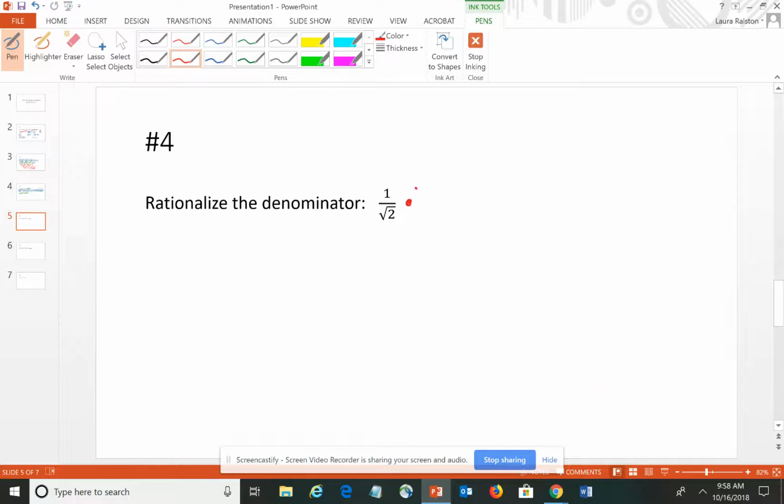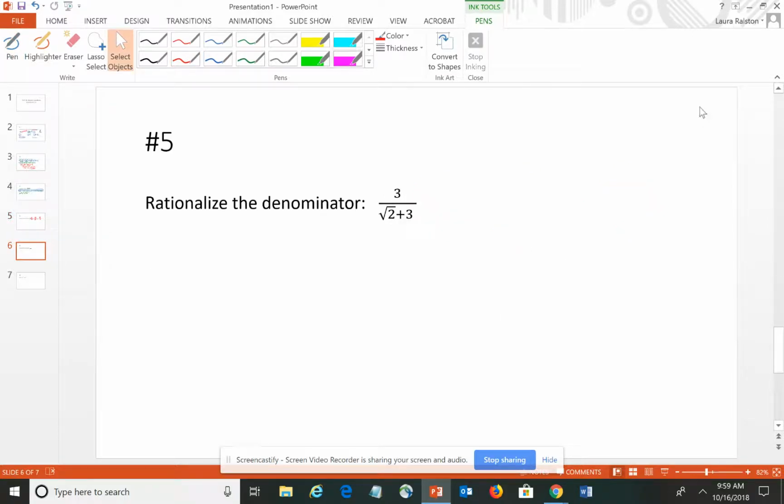So I'm going to multiply the numerator by the square root of 2 as well as the denominator by square root of 2. So I have square root of 2 over square root of 4, but square root of 4 simplifies and becomes 2. So that 1 over the square root of 2 simplifies to square root 2 over 2.